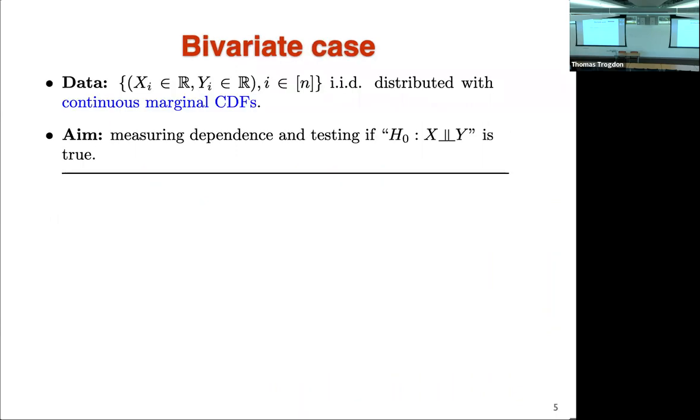Let's start with the simplest, the golden age of statistics, when we had the pleasure of considering only scalar random variables X and Y, both one-dimensional, IID distributed. I assume they have continuous marginal CDFs for presentation simplicity. Again, our goal is measuring dependence and testing dependence.